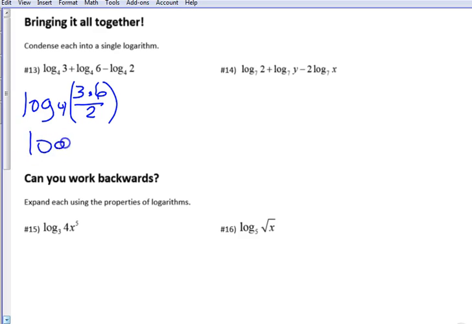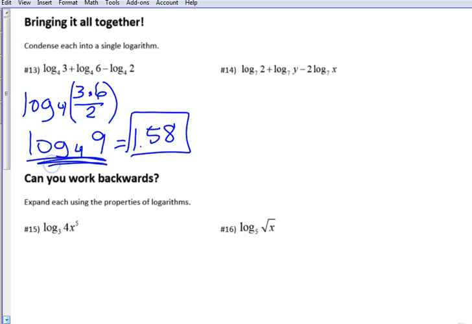So this simplifies to be log base 4 of 9. If I asked you to evaluate it, what would that answer be? About 1.58. Good. My directions here just say condensed, so technically we were done when we got log base 4 of 9. I just went an extra step.